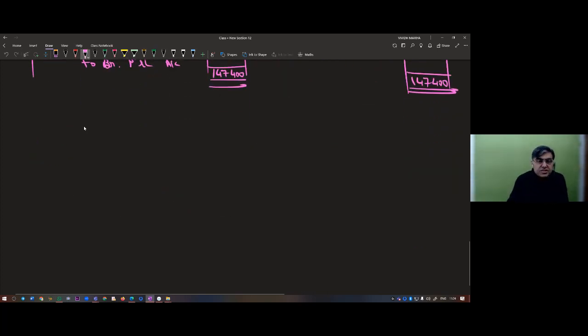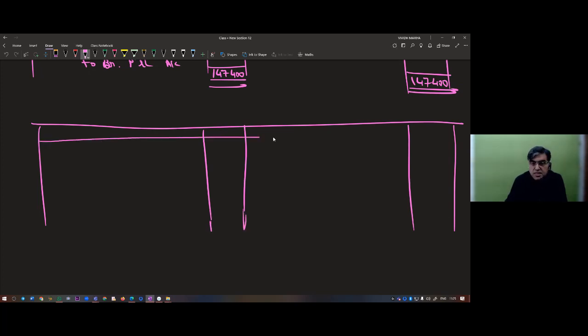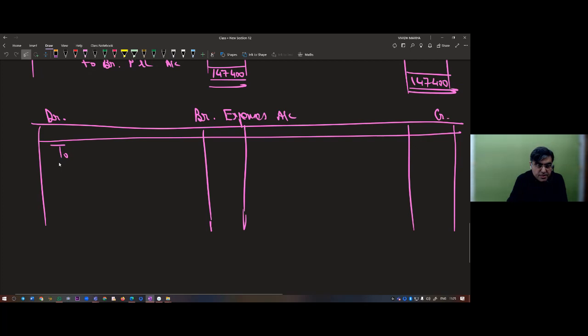Next is branch expenses account, debit, credit.